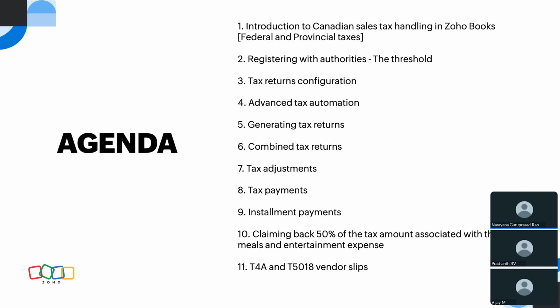And we will see how you can generate the returns and record the payments. Also, we will cover two special topics today: how you can handle meals and entertainment expense in Zoho Books, and how you can generate vendor slips in Zoho Books.